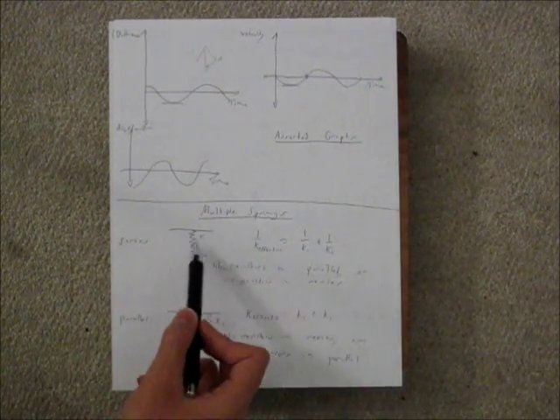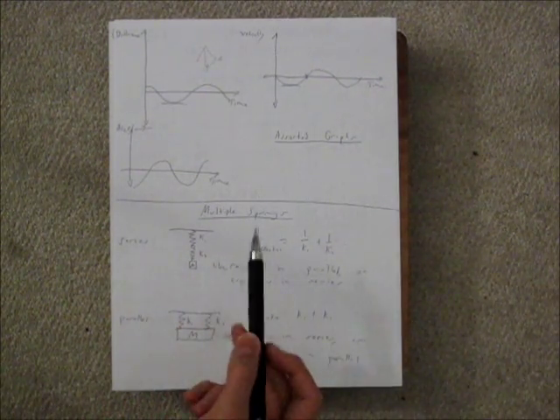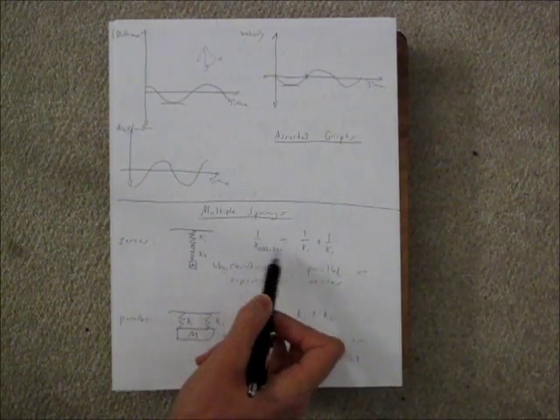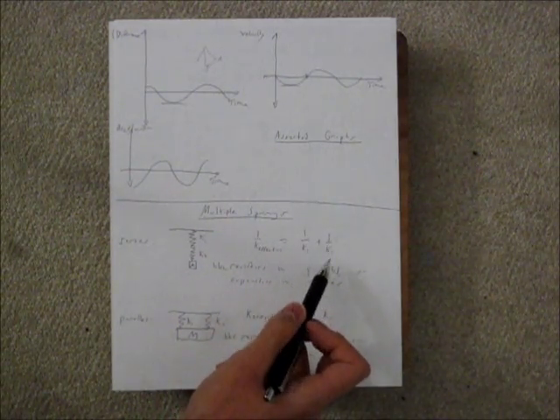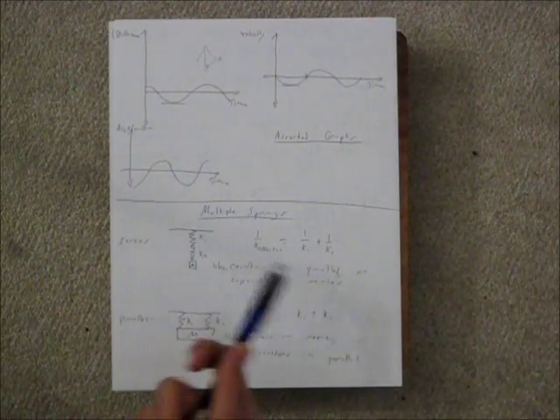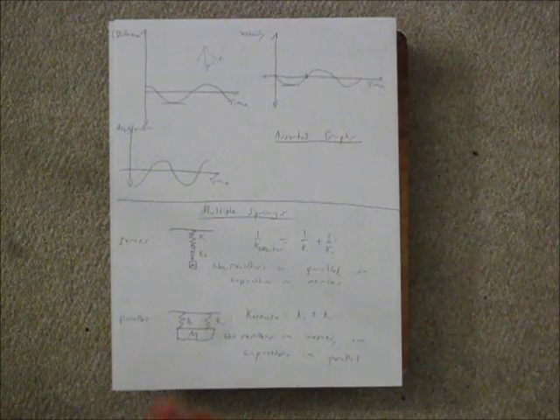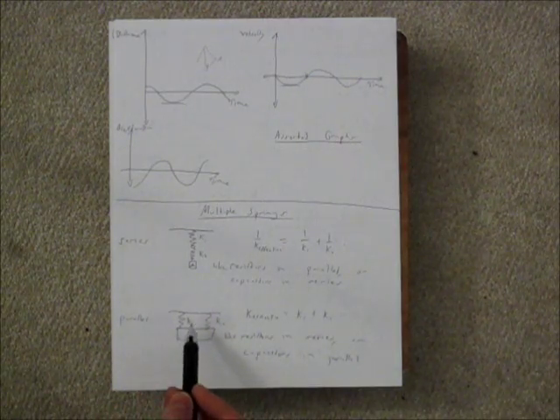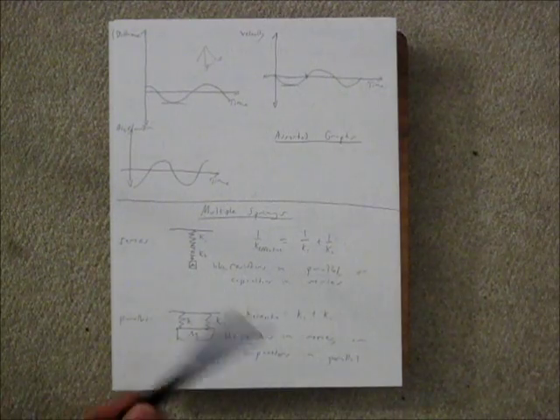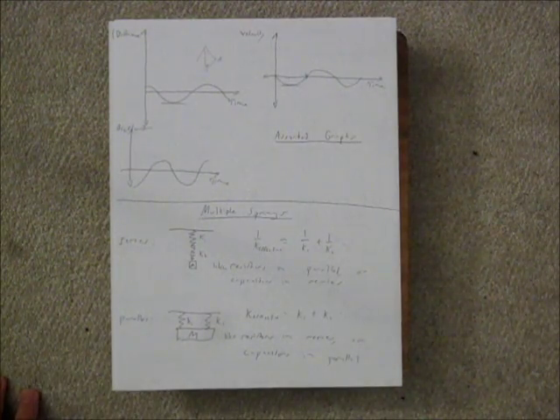If you have spring constants K1 and K2, then in series the effective K is given by 1 over K effective equals 1 over K1 plus 1 over K2, and so on. So, like resistors in parallel and capacitors in series. And here in parallel, K1, K2, you literally just add them up. So, yeah, that's just about it for simple harmonic motion.